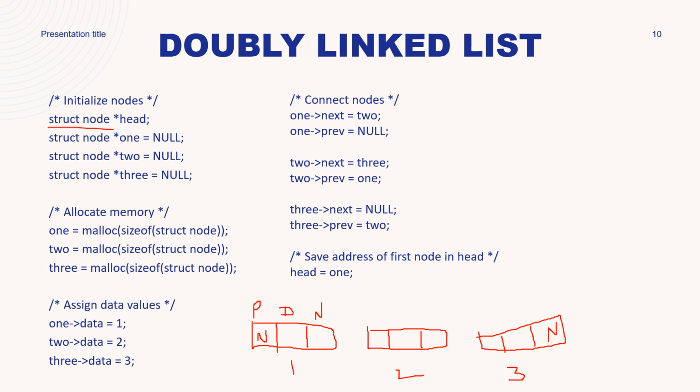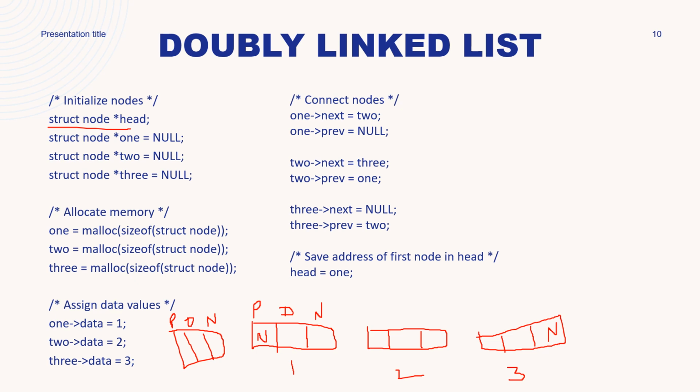First of all, struct node head, meaning one head node is created, having the fields previous, data, and next. Then these three nodes are created, 1, 2, and 3, having the same fields: previous, data, and next.